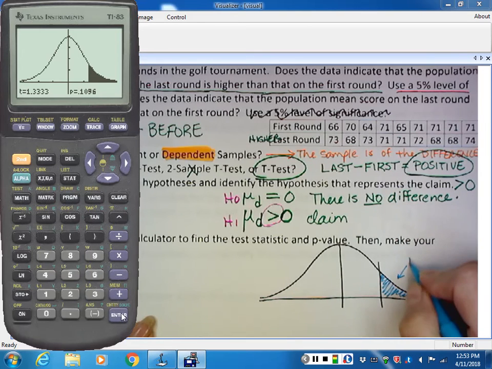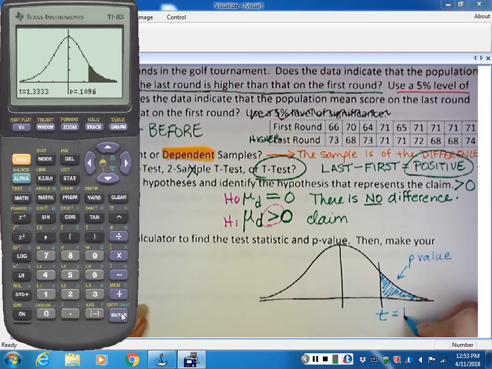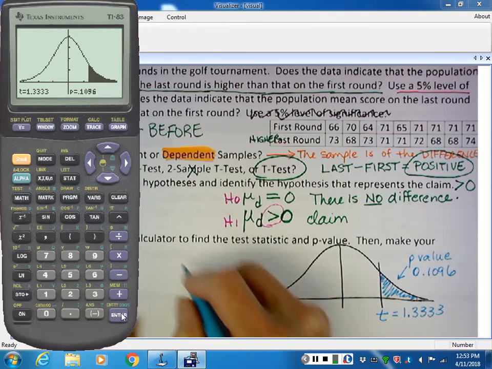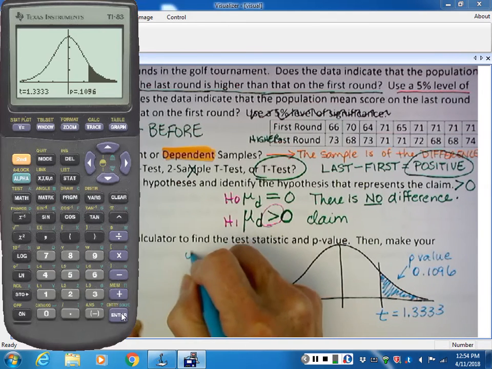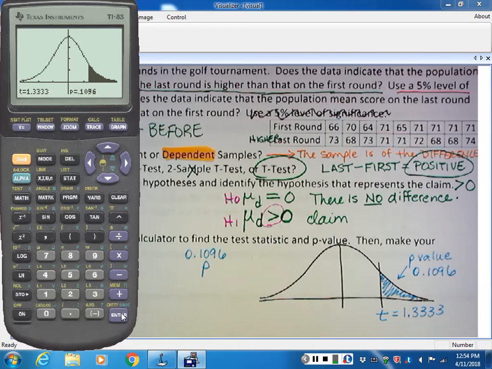There's my p-value. And this is my test statistic. My t-value is 1.333. And my p-value is 0.1096. And my value of alpha is 5%.